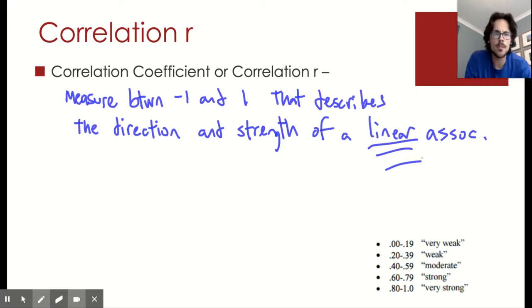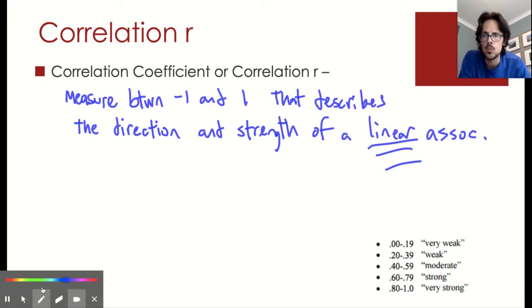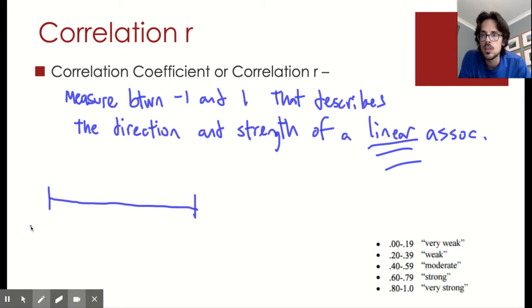So I'll get back to that in a second, but let me go ahead and remind you guys of what this is, because you did do this with me in Algebra 2. We would have in our notes a little number line with -1 over on the left side, +1 over here, and 0 perfectly in the middle. When you look at your correlation coefficients, the closer it is to the edges of your number line, so the closer it is to a +1 or to a -1, if you have a +1 or a -1, your points line up absolutely perfectly. So a +1 correlation would mean a perfect positive line.